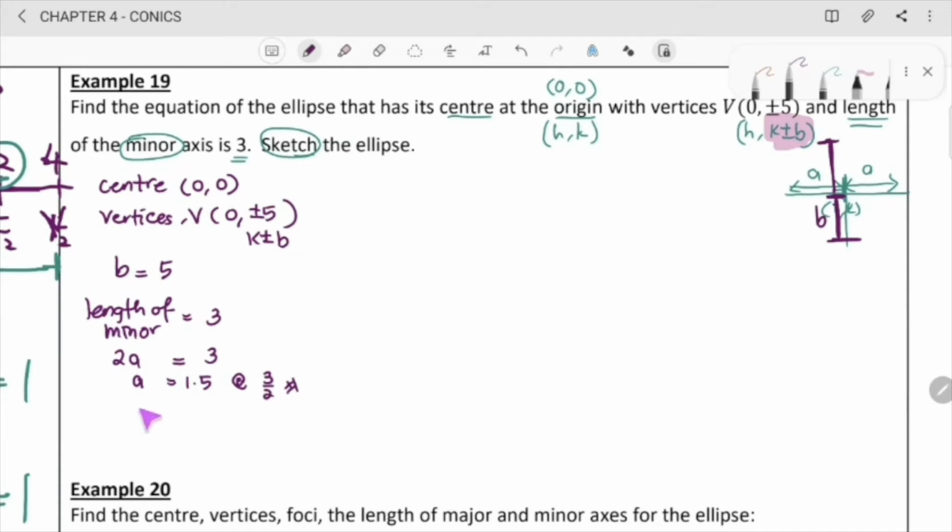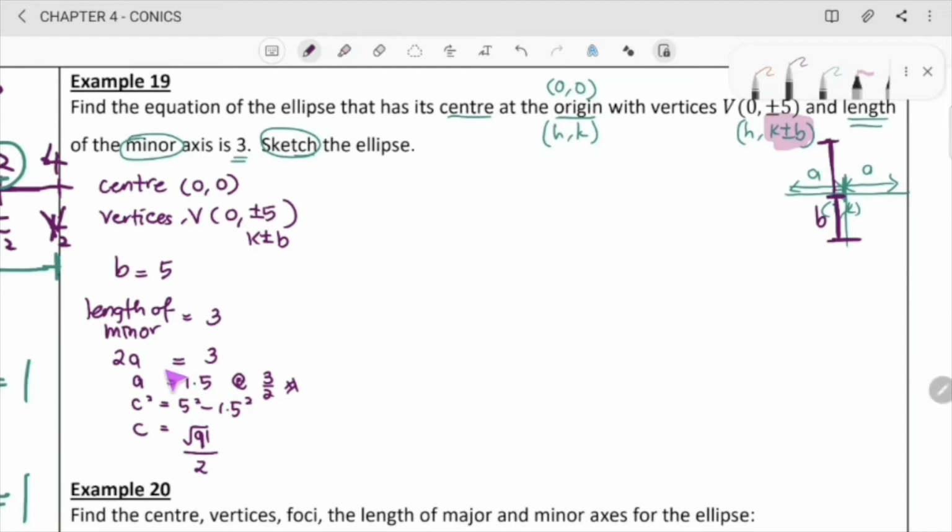Then we find the value of c, where c squared is b squared minus a squared, since b is greater than a. So you have 5 squared minus 1.5 squared, and you will get c equal to √91/2. That's for c, because we need the coordinates of the foci when we sketch the ellipse.